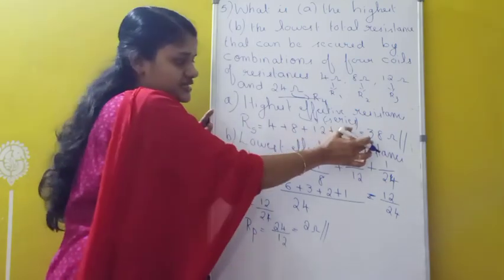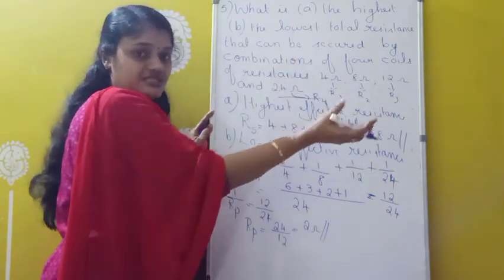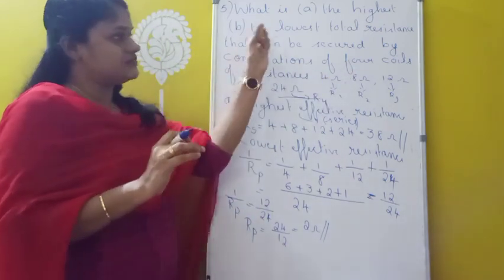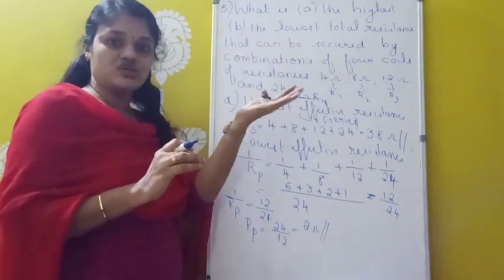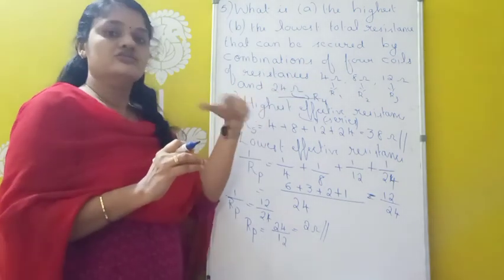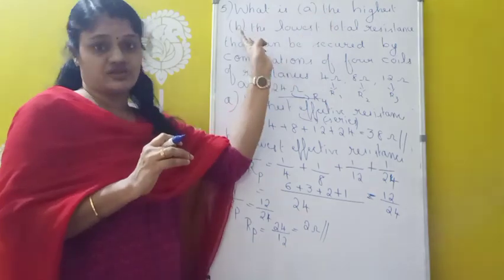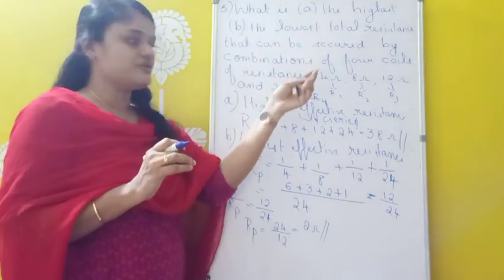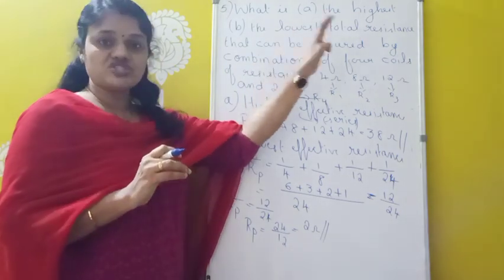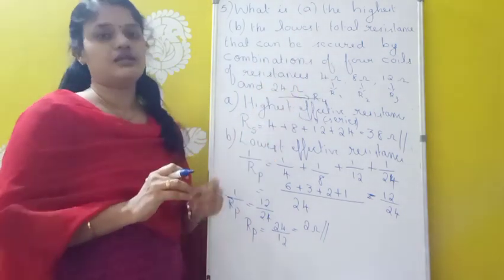And this 38 ohm is the maximum resistance that we can make using all these 4 resistors. Okay, this is the indirect way they are asking. Instead of directly asking to find series combination as well as parallel combination, they are asking to find the highest value of resistance. So whenever they are asking highest value, you have to do which one? Series combination. And whenever they are asking lowest value, we have to do which one? Parallel combination.